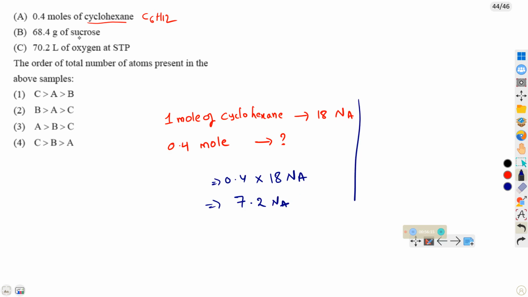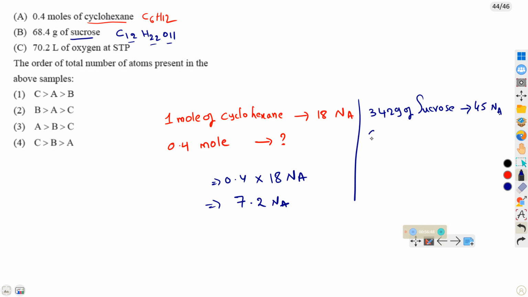Sucrose molecular weight is 342. Sucrose is C12H22O11. Total number of atoms: 12, 22, 11, total 45. 342 grams of sucrose contains 45 into Avogadro number of atoms.